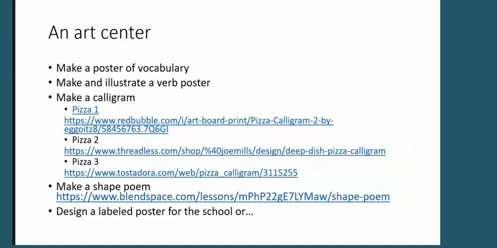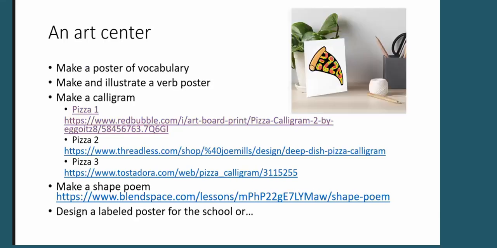An art center can be fun. Even adults like to color, right? So I've just got a few examples here to show you. A calligram is where you take the letters of the word and put it in the shape. So this is a pizza, or a piece of pizza.